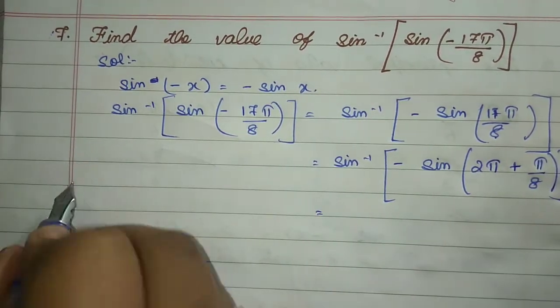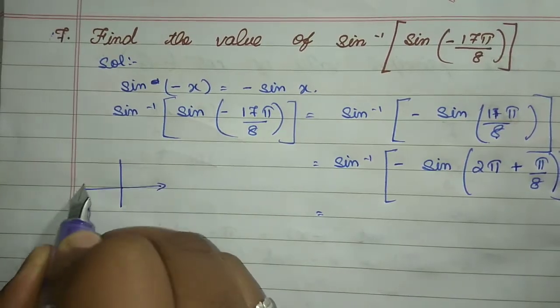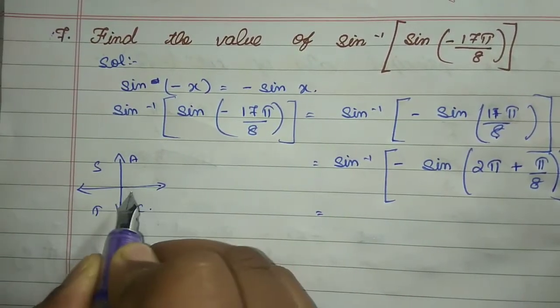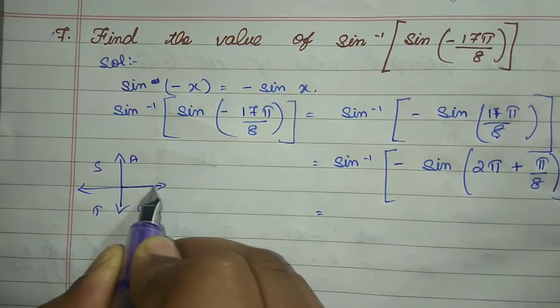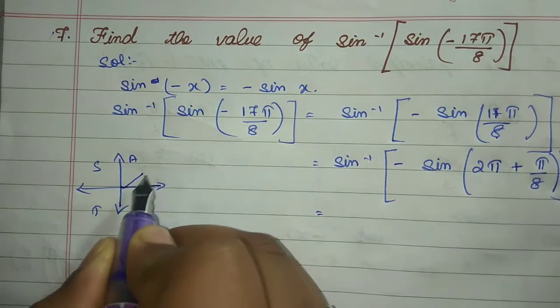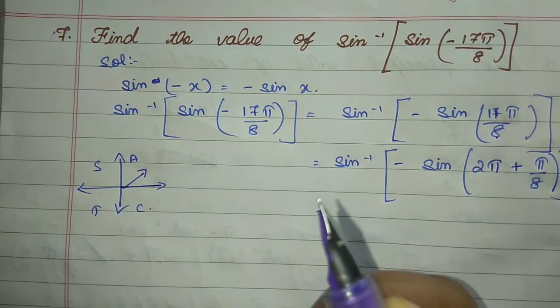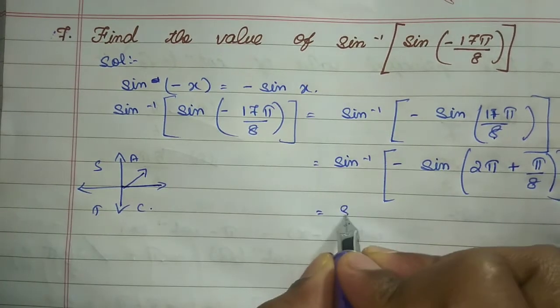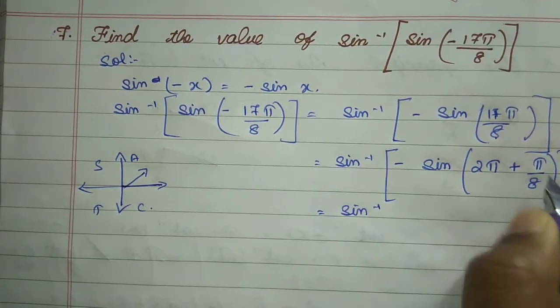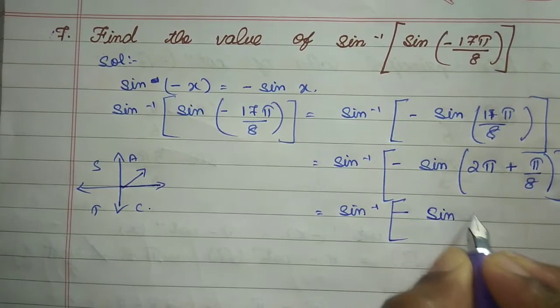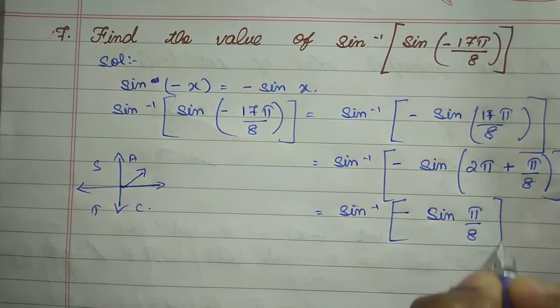So 2 pi. Let this be the quadrant diagram, the whole ASTC. Okay, so 2 pi means it is over here. 2 pi is this line. Plus means it will be in this quadrant. So every trigonometric function is positive in the first quadrant. So let us have it as minus sine pi by 8.